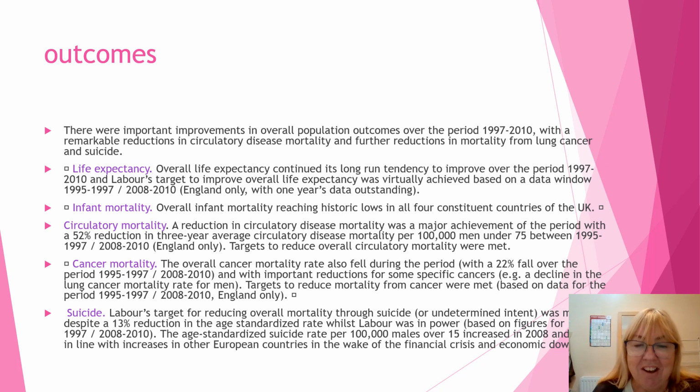And yes, it's lung cancer, so we know where we can connect that to as well. But to be honest, it had been effective, and they met all their targets to reduce cancer mortality. There's still work to do, but they met all the targets that they'd set.